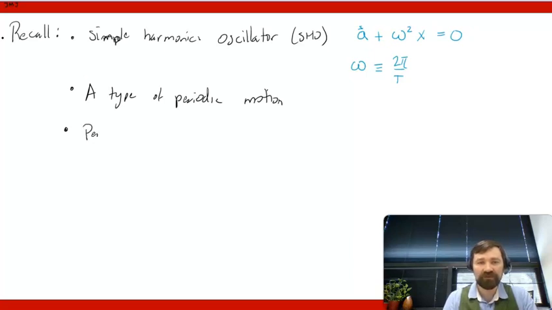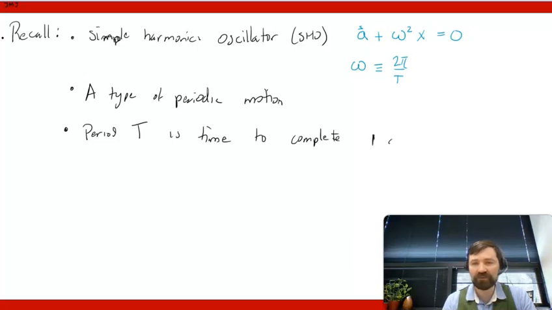So period T is the time to complete one cycle. And this is, in some sense, one of the more important characteristics of the simple harmonic oscillator, this period, or amount of time to complete one cycle of motion. Omega is alternatively equally important, sometimes more so just because of how it shows up in the equation.